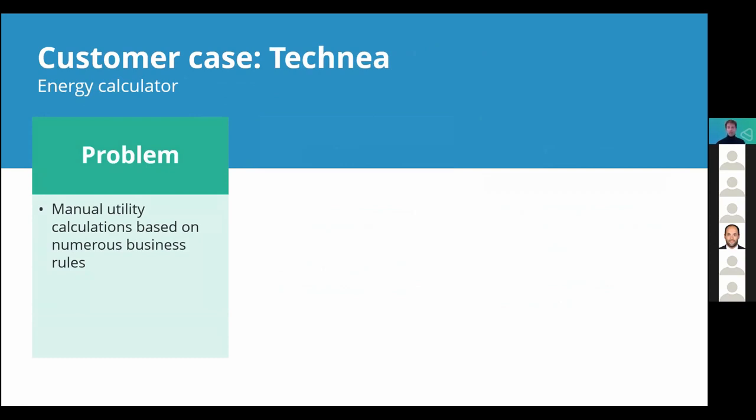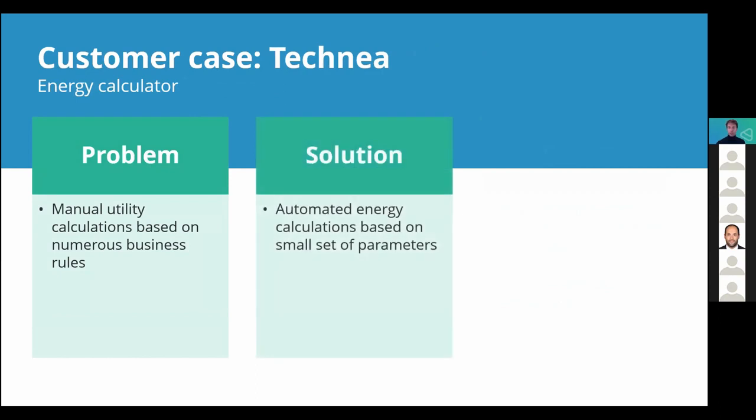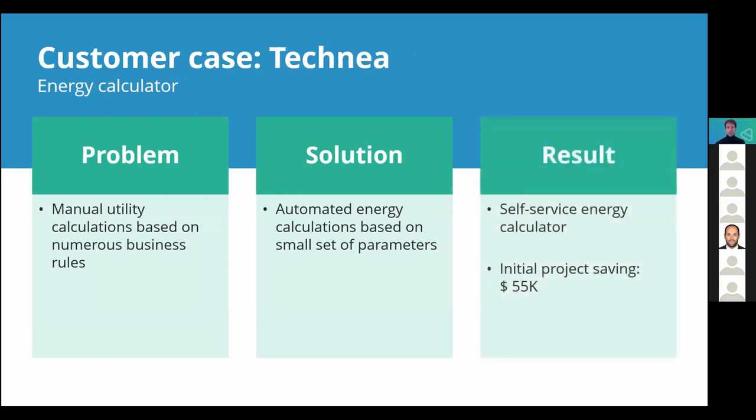And the solution was to automate the energy calculations based on a few parameters that they could enter per case. And Technea actually knew what it would cost to have the solution built, because they had a quote, and it saved them $55,000 on the initial project alone. And they continue to save money every time that they make small adjustments or big adjustments to this application. So those are a couple of ones.